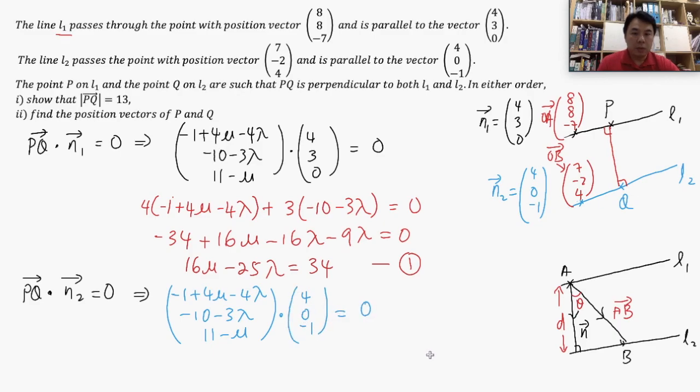That will be a 0. Okay, so from here we will be able to form, just let me quickly finish this here. In this case, we have -4 + 16μ - 16λ - 11 + μ equal to 0. So from here we will have 17μ minus 16λ equal to 15. That will be our second equation.